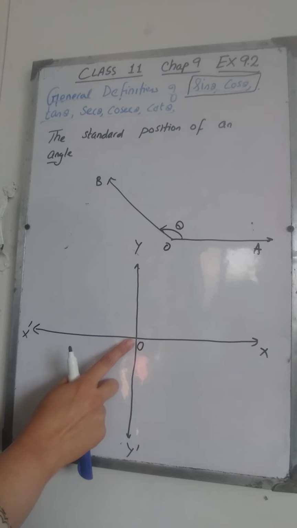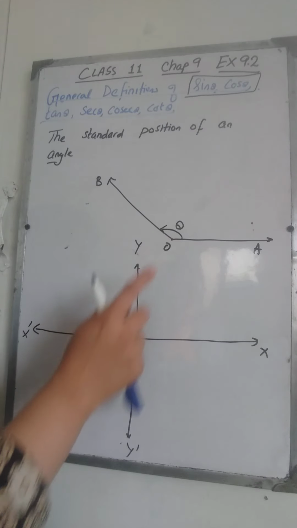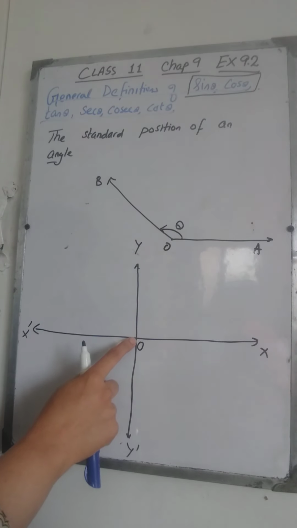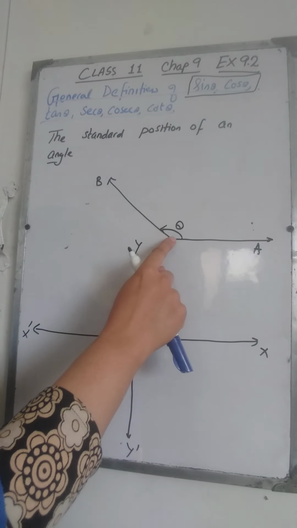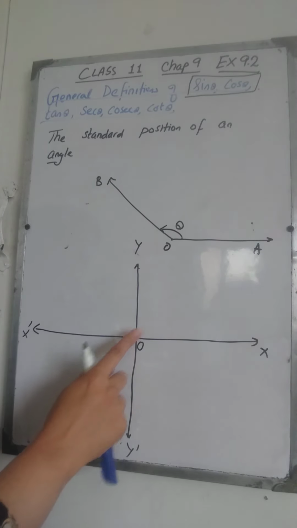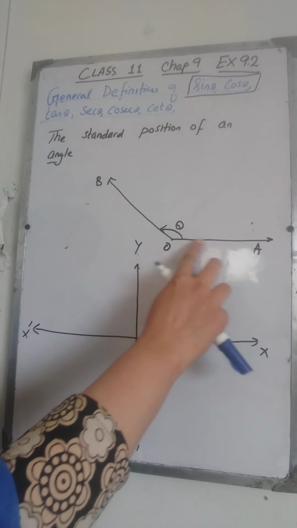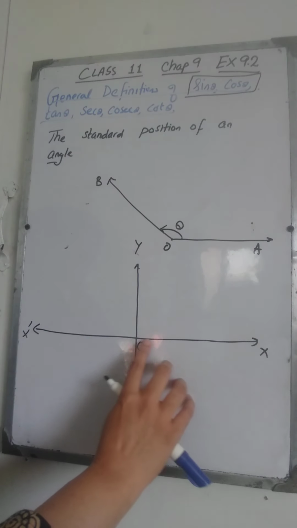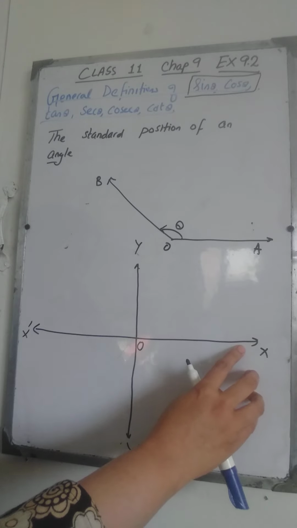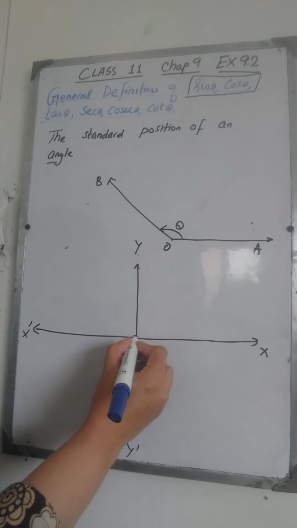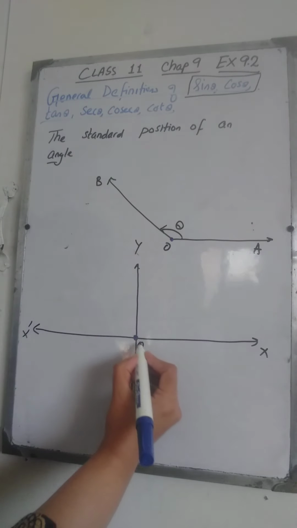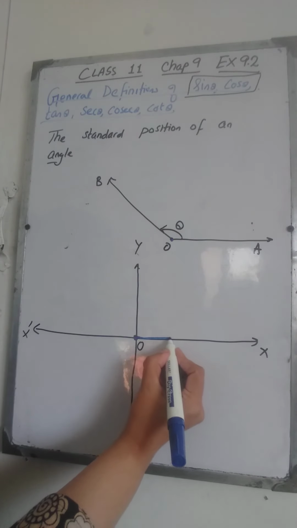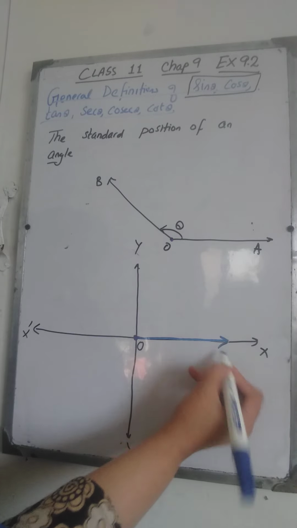O is the origin, and we are going to place this vertex O on this origin, and this initial ray on the positive x-axis. I will place the vertex over here, and this initial ray on the x-axis. This is the initial ray.